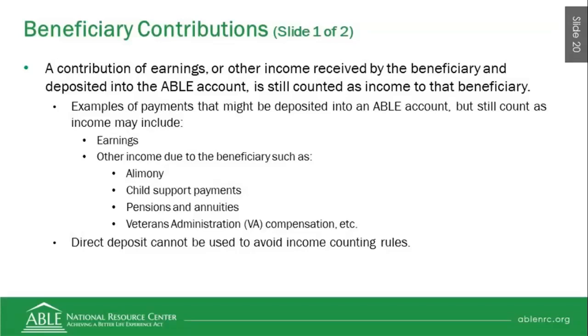And I want to emphasize it because this must be one of our top questions that comes into the ABLE National Resource Center, because folks believe if they contribute earnings or other unearned income, like, as shown on your screen, alimony or child support payments or pensions and annuities or VA compensation and so on, it does not count. And that is untrue. It still counts. So nothing has changed.